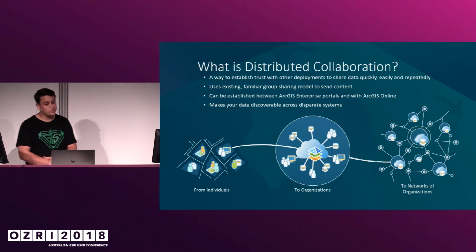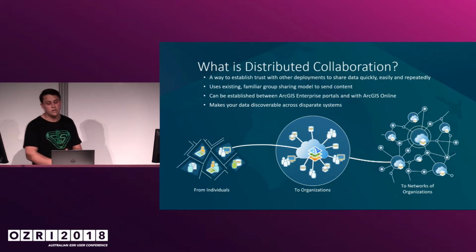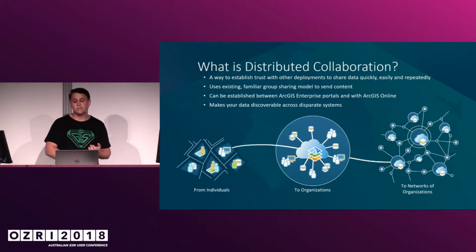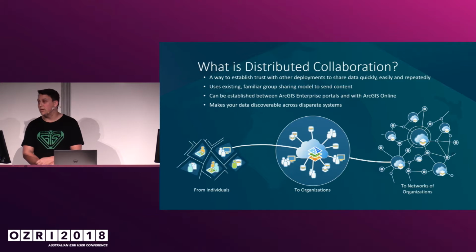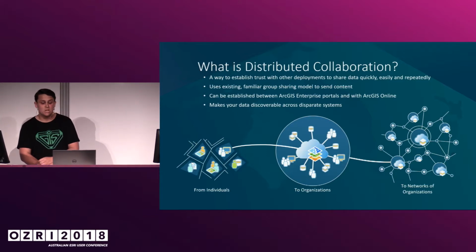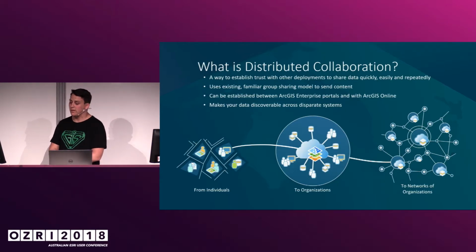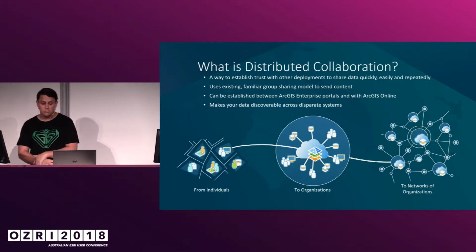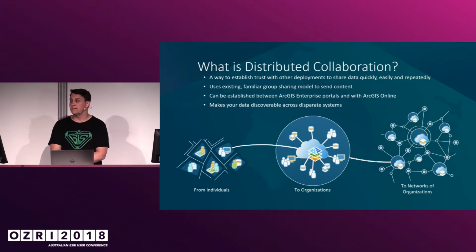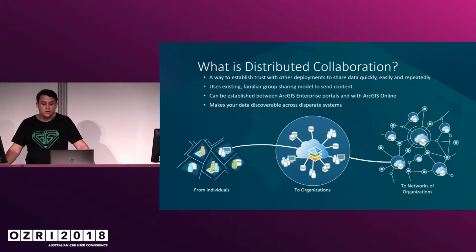Distributed collaborations are a quick and easy way to establish trust with other GIS environments to enable the ability to share data. This process uses familiar existing groups to enable the collaborations to sync their copies of that data. Distributed collaborations make the ability to share data quick, easy, and repeatable.